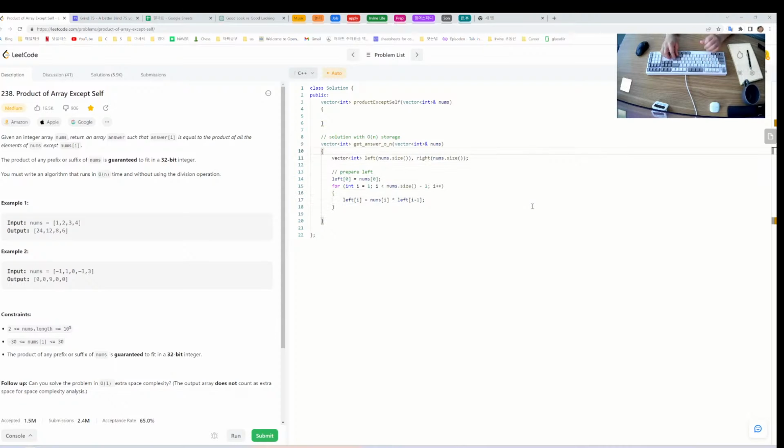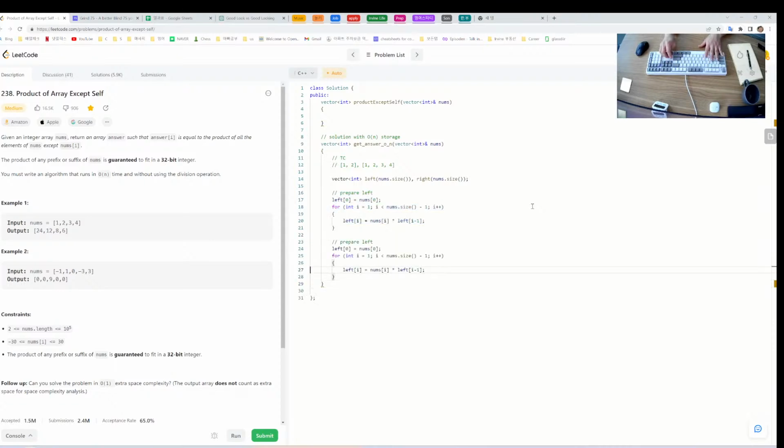Let's make some test cases, like 1, 2, which is the smallest one, and then 1, 2, 3, 4, which is the normal case. Then we can prepare right.